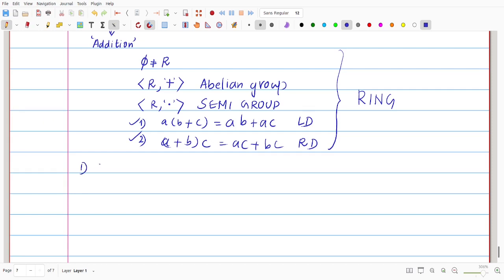The first one is integers under usual addition and multiplication. This is a ring. The second is real numbers under addition and usual multiplication. The third one is Zn under addition modulo n and multiplication modulo n.